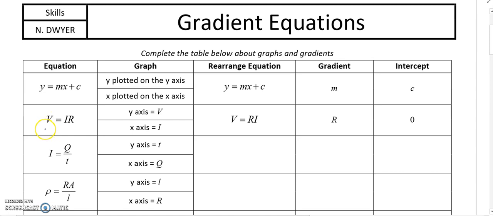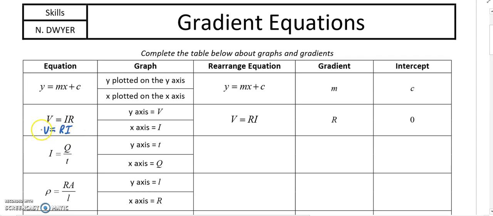So if we rearrange this equation, V equals R times I, we can always rearrange the order things are multiplied, just as 2 times 3 is the same as 3 times 2. So here we have some variable is some constant times some other variable.